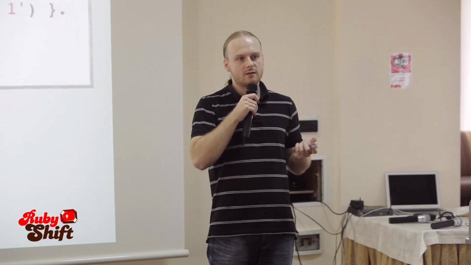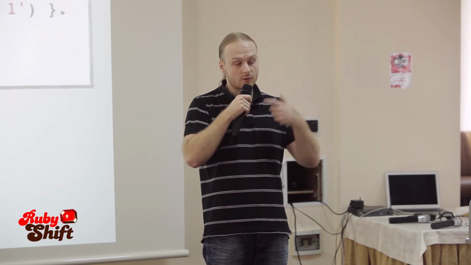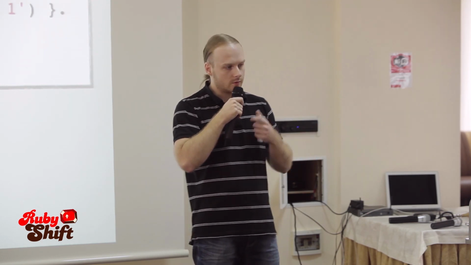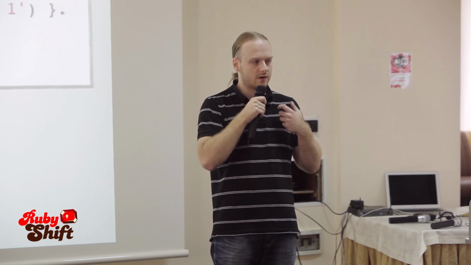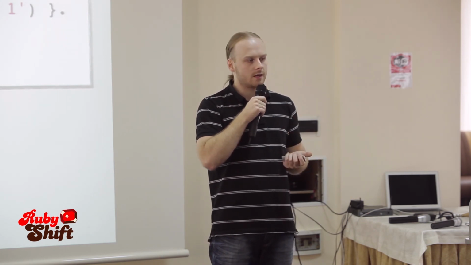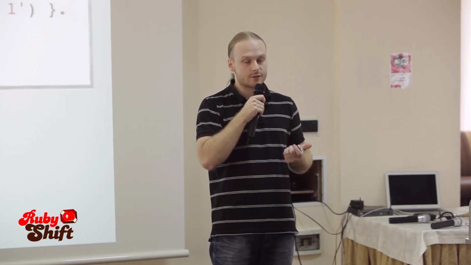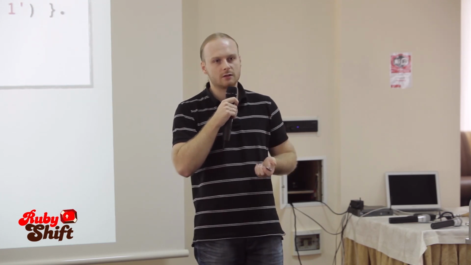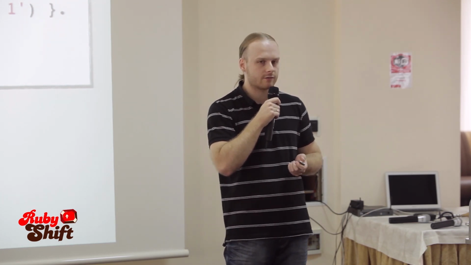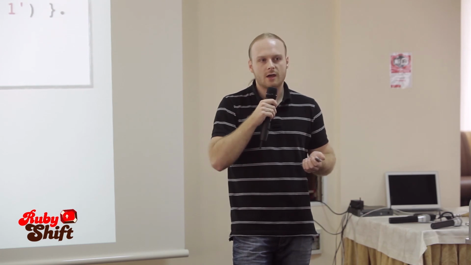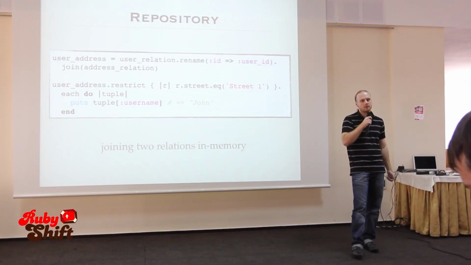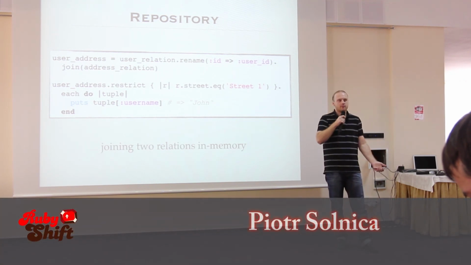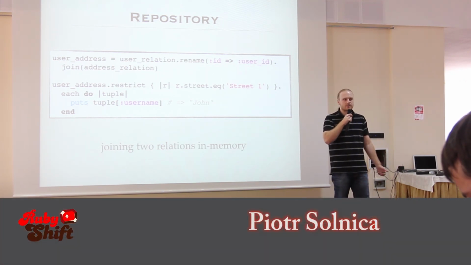So why do we need that? As I said, we want to support any kind of a data store. In order to do that, we need something that would give us the same features as relational databases have. So if you have data from, I don't know, an XML file, obviously an XML file doesn't support joins, right?